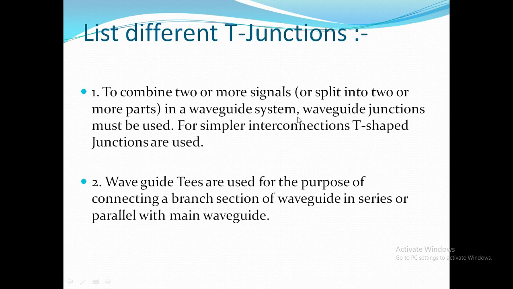For simpler interconnection, T-shaped junctions are used. So a T-junction is used to combine two or more signals or to split them into two or more parts. For that purpose, we are using a junction whose shape is the alphabet T.